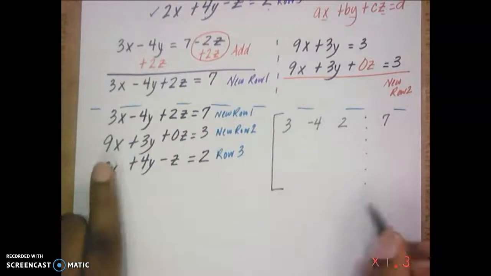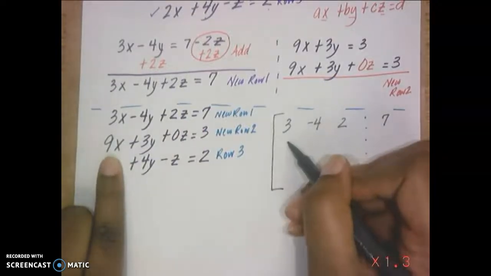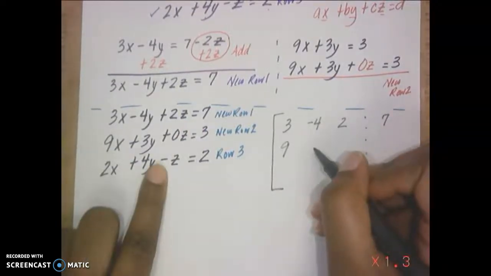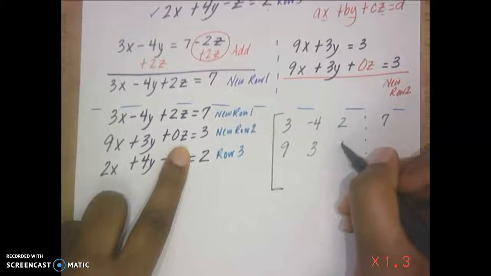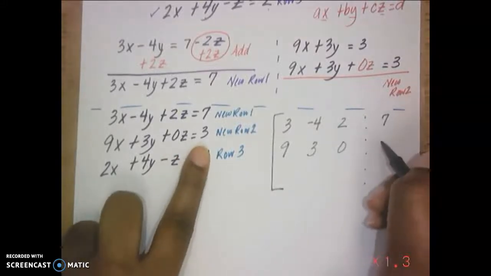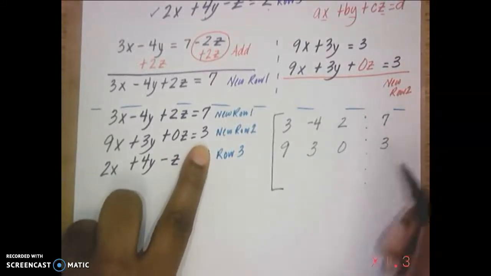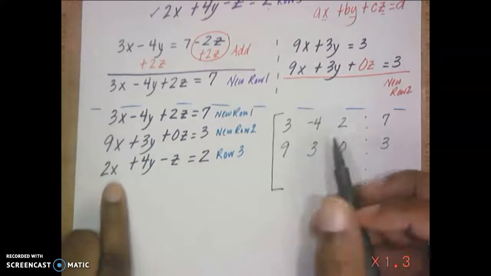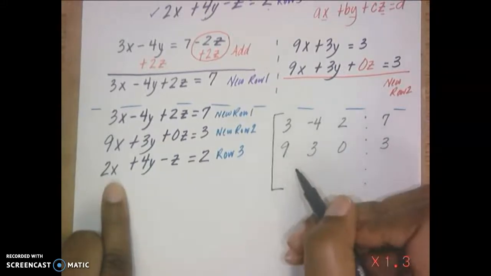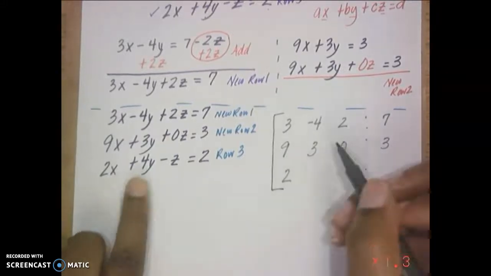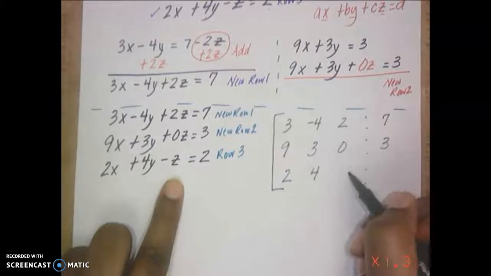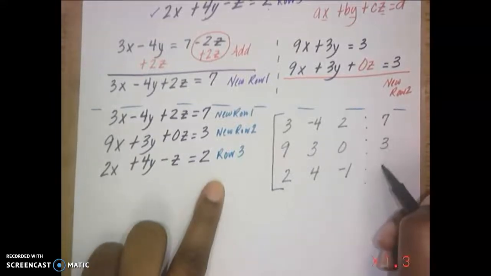That's in my first row. Then my second row has a 9, 3, 0 in place of z, and a 3, because I can add 0 to anything. Then my last row here is going to be 2, 4, -1, and a +2.